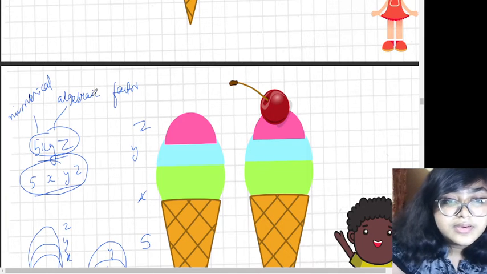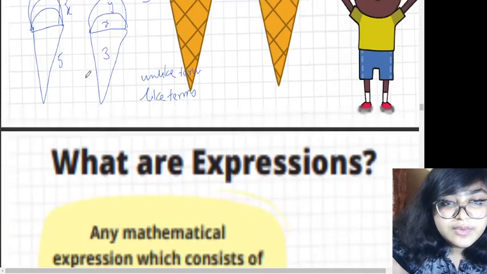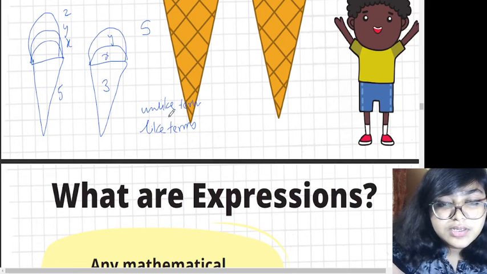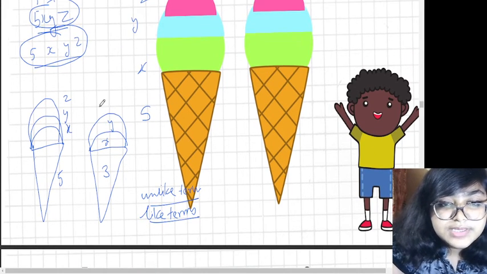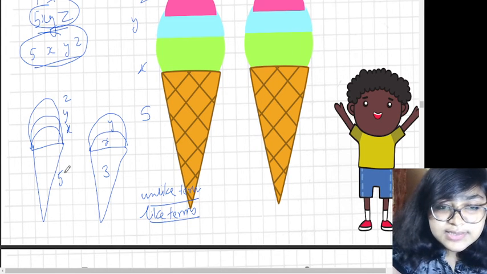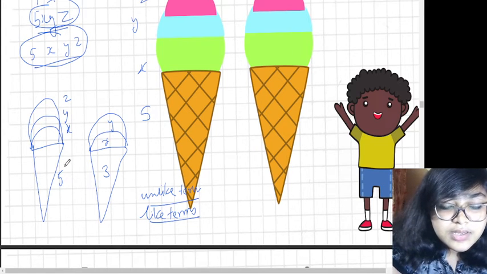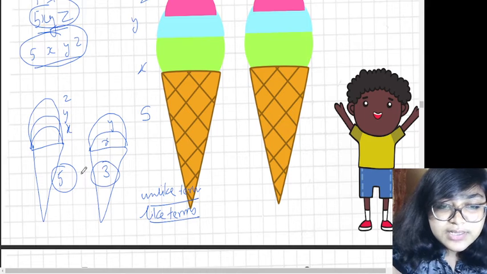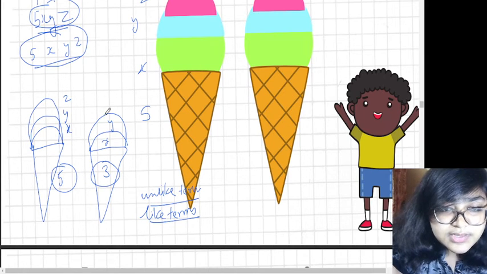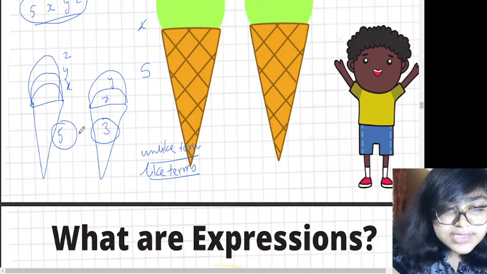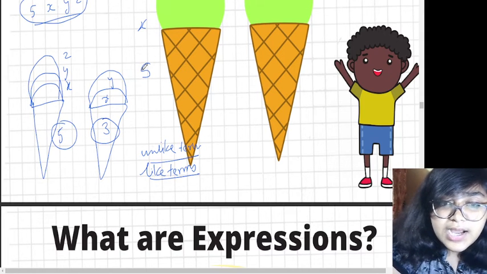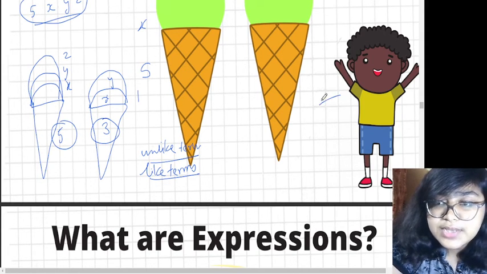To make any expression a like term or an unlike term, the algebraic factors should be the same. As you can see in this example, the numerical factor might be different, it doesn't matter, but the algebraic factors should be the same to make an expression a like term, right?